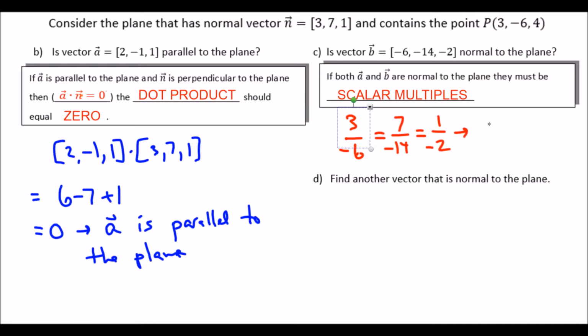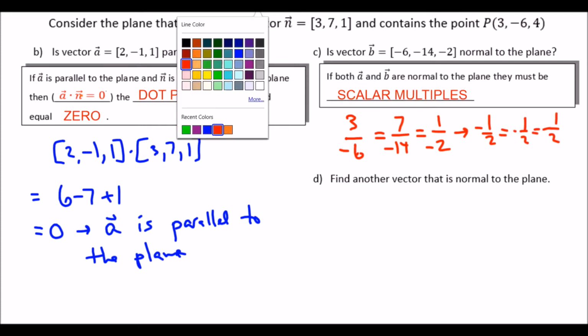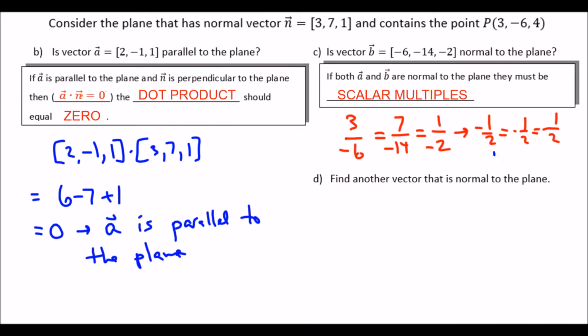If I simplify this, I get negative 1 over 2 is equal to negative 1 over 2, which is equal to negative 1 over 2, and voila, this is all true. So that means that B is normal.